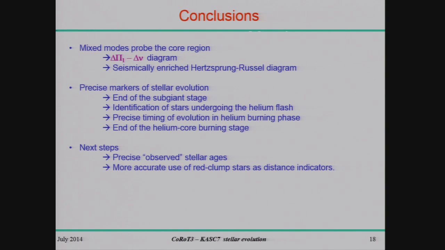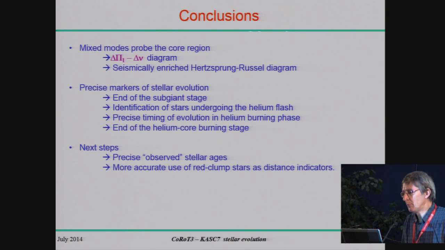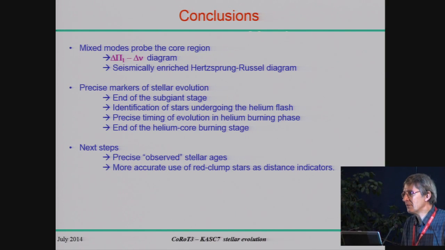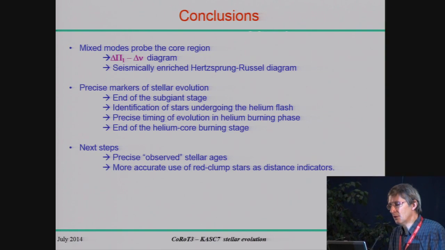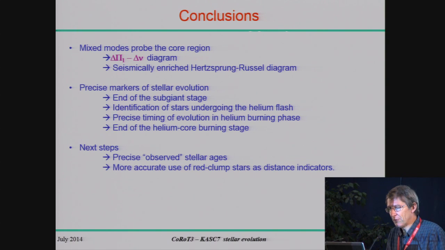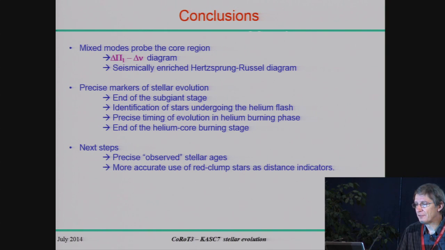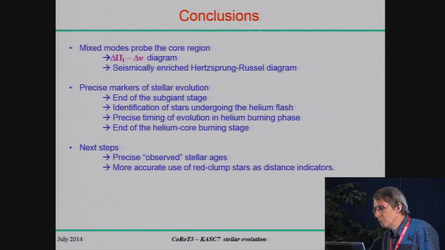So we have very clear views because we have mixed modes that probe the core region, and they enhance the information we can derive from the classical parameters of the stars. We have gained precise markers of stellar evolution. If I refer back to the diagram, we know, just depending on the location of a star in the diagram, in which evolutionary stage it is.